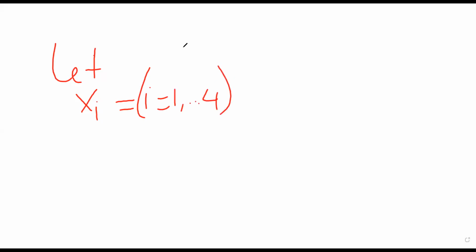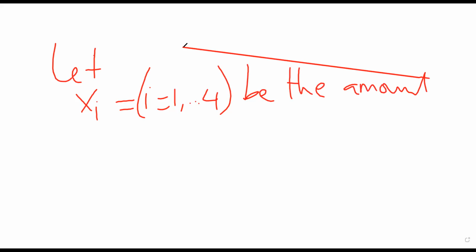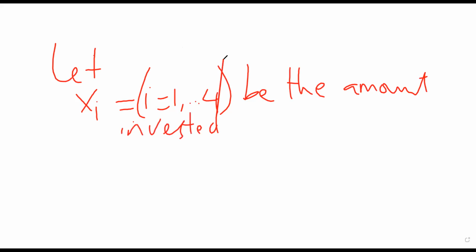So let xi be the amount invested in each of the 4 investment opportunities.